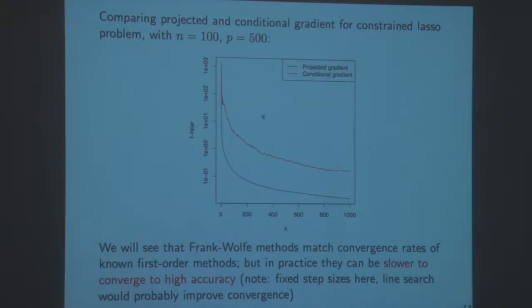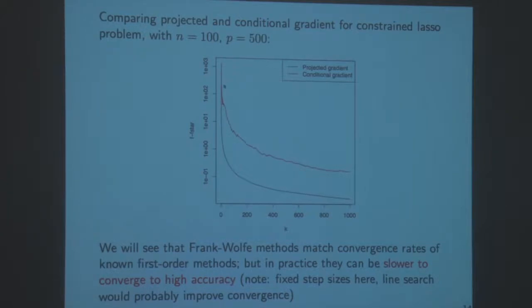All I did was take a constrained lasso problem, medium-sized, 500 variables and 100 observations, and ran projected gradient and conditional gradient, in other words the Frank-Wolfe algorithm. I used a fast projection operator onto the L1 ball, although it doesn't matter because I'm measuring per iteration. Each iteration of both is order n, and they're computationally pretty similar.